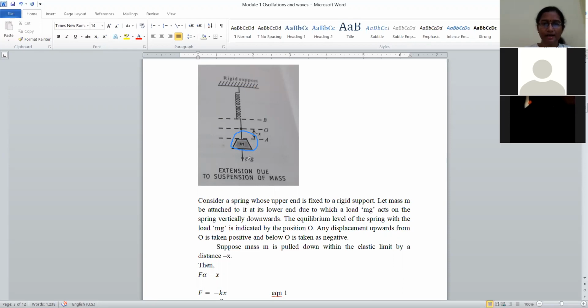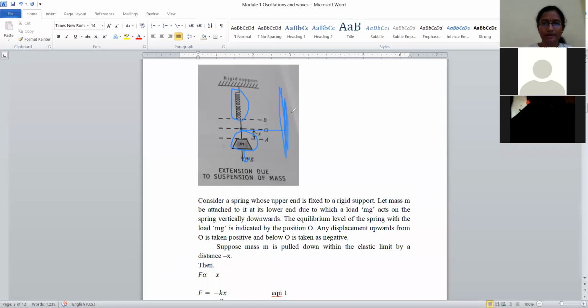And see this one, mg acts vertically downwards. And this is the equilibrium position. See, when this mass is suspended by this spring and when it is pulled, it starts making vertical oscillations.